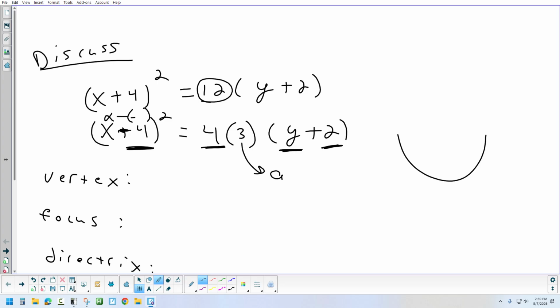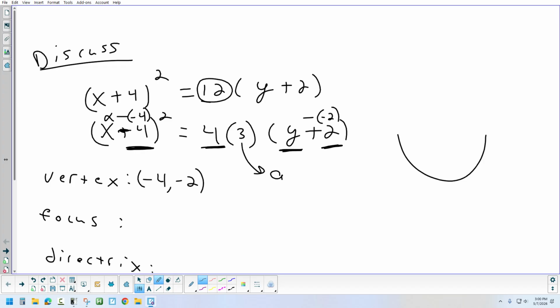Minus 4. So that is the first number in your vertex, minus 4. And what about over here? We would have y minus negative 2. Yep. So those are the coordinates of your vertex.